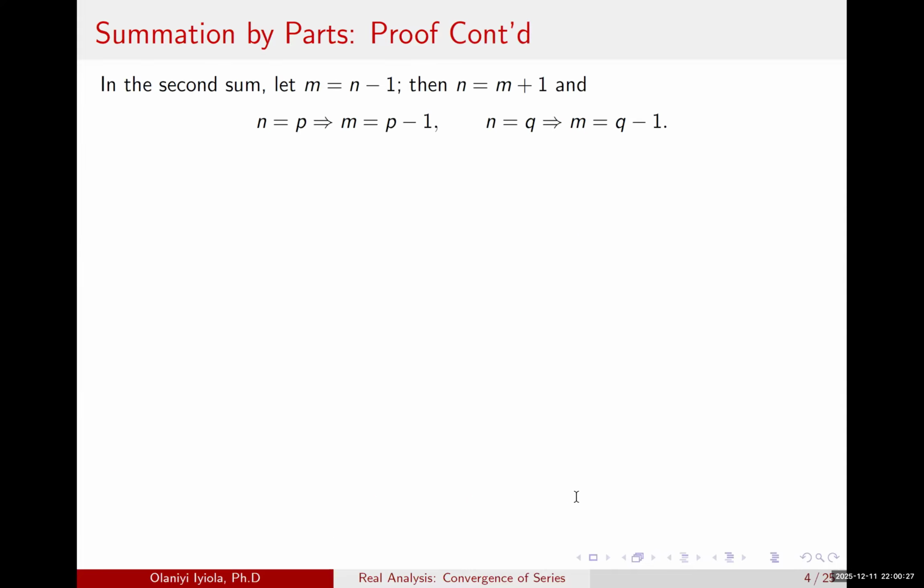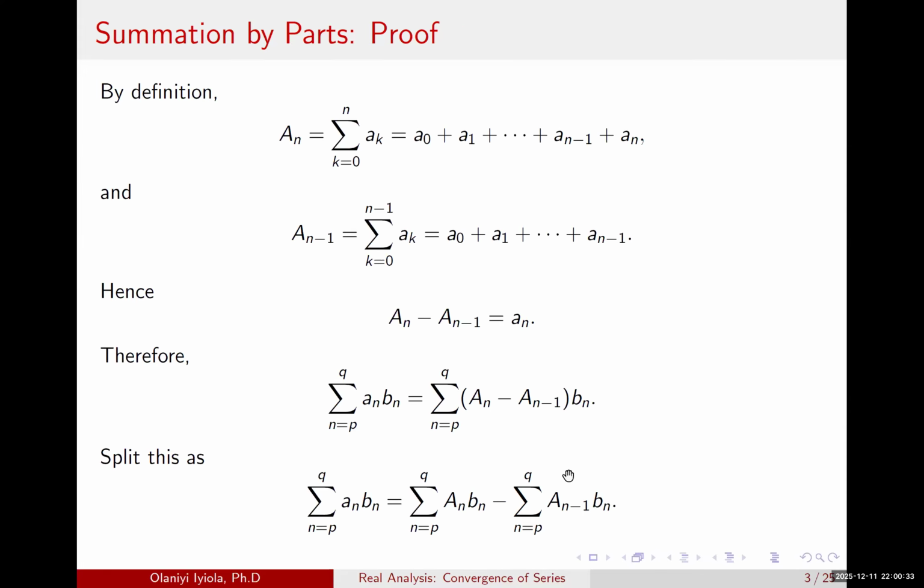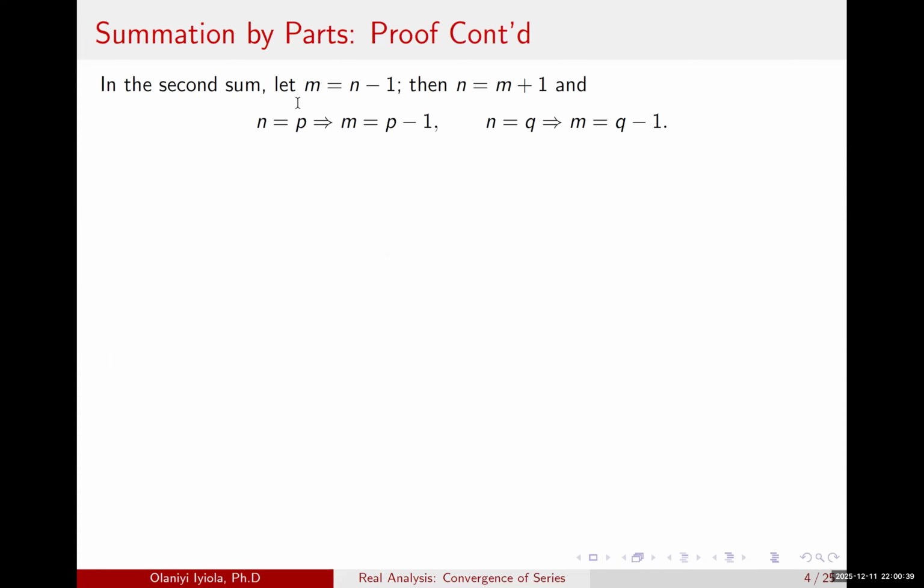So in the second sum, I'm going to be changing the variable. When I mean the second sum, I mean this part with capital A_{n-1} b_n. So if I let m be n minus 1, I get n equals m plus 1, also n equals p implies m equals p minus 1, and so on.